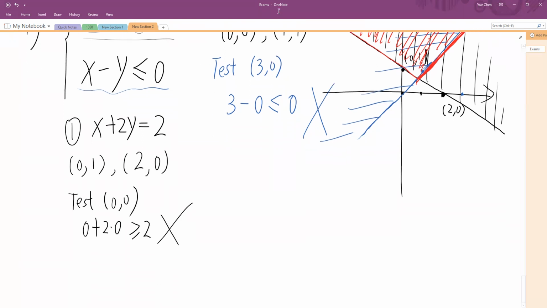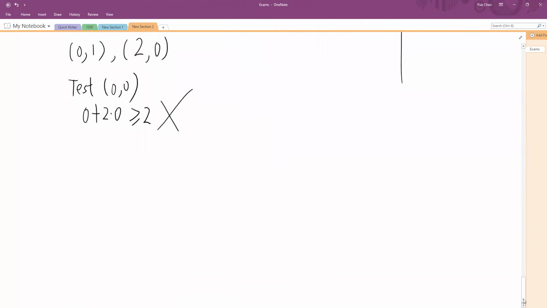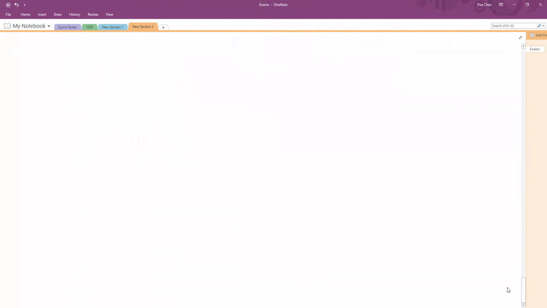Number 10. y greater than -3, x greater than or equal to -5.